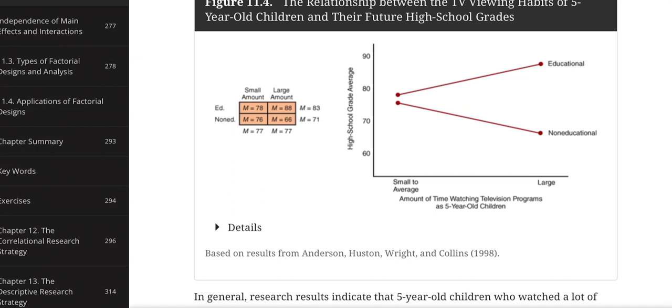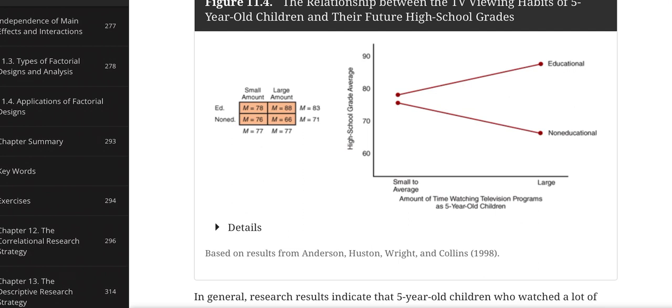So yes, there was no main effect, but when you compare educational to non-educational, there is a difference, because it depends on the type of programming. So if they were watching educational programming, then watching a large amount of TV meant that they had a much higher GPA, and vice versa. If they watched non-educational programming for a large amount of time, it was a lower GPA.